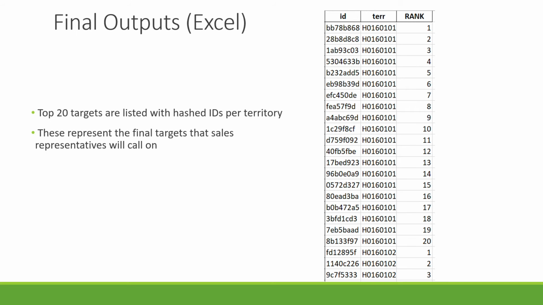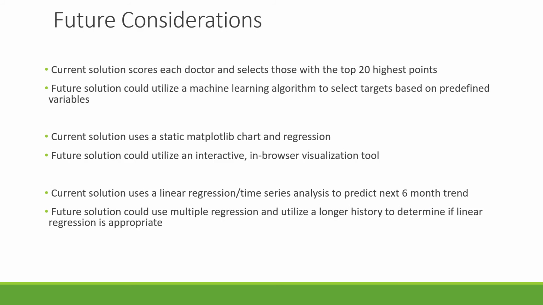And then the last final output here is the actual targets per territory. As I mentioned, there's 20 per territory. So this output here is the hashed ID and the rank of each of those hashed IDs. You'll see the count will go from 1 to 20 for each territory, and then upon the next territory it will start over and count up to 20 once again.